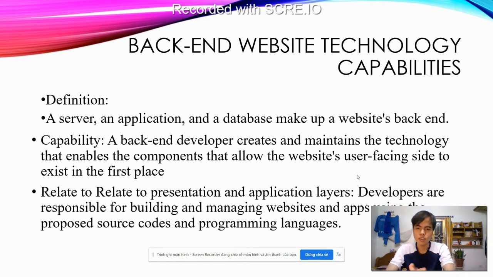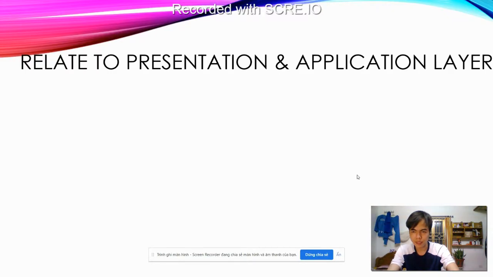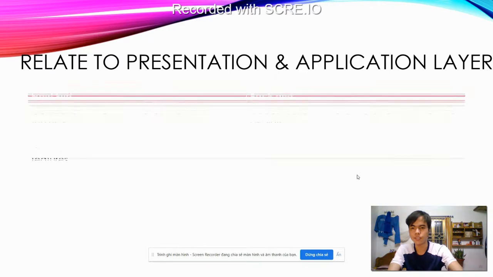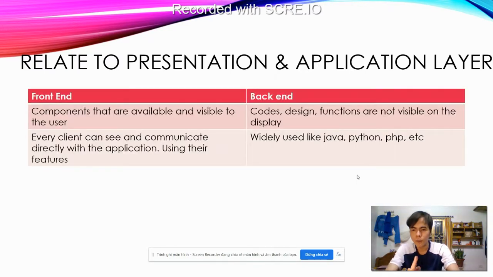Related to presentation and application layers. Developers are responsible for building and managing websites and apps using source code and programming languages, as I said before. Related to presentation and application layers, front end components are available and visible to the users.